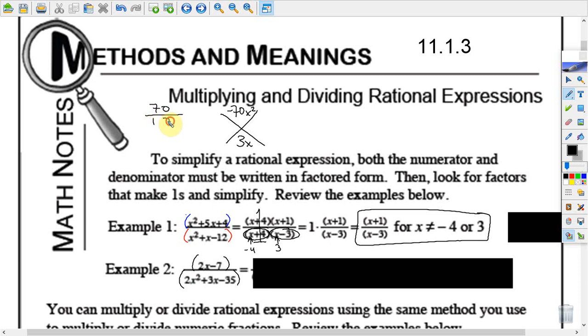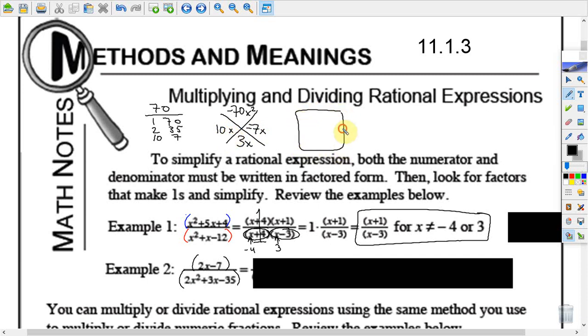I'll go 1 and 70, nope, 2 and 35, nope. Let's see, 10 and 7. 10 and 7 looks like it will work. So those are going to be what fills this in. And we need to have the 10 be positive and the 7 be negative.